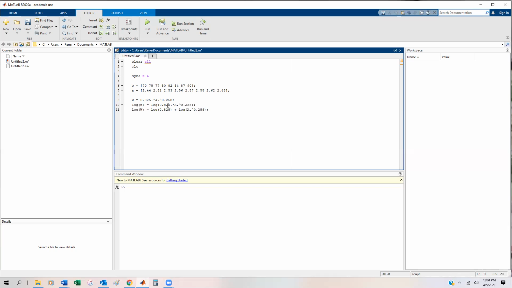Remember that rule in algebra: if you have a log of the product of two factors, you just break it up into a plus. And the other thing you can do is move the exponent out as a coefficient.